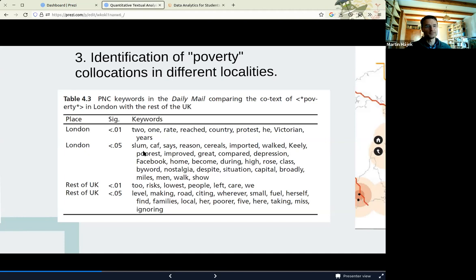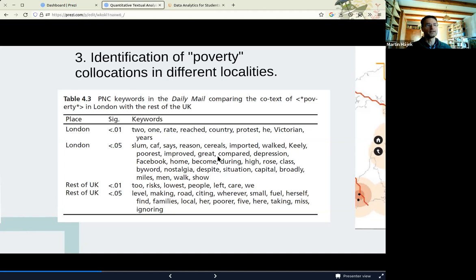So poorest, this is also one we don't expect, that in current London there are poorest people. So we can say from this short, exemplary analysis that London and poverty are related through the past.